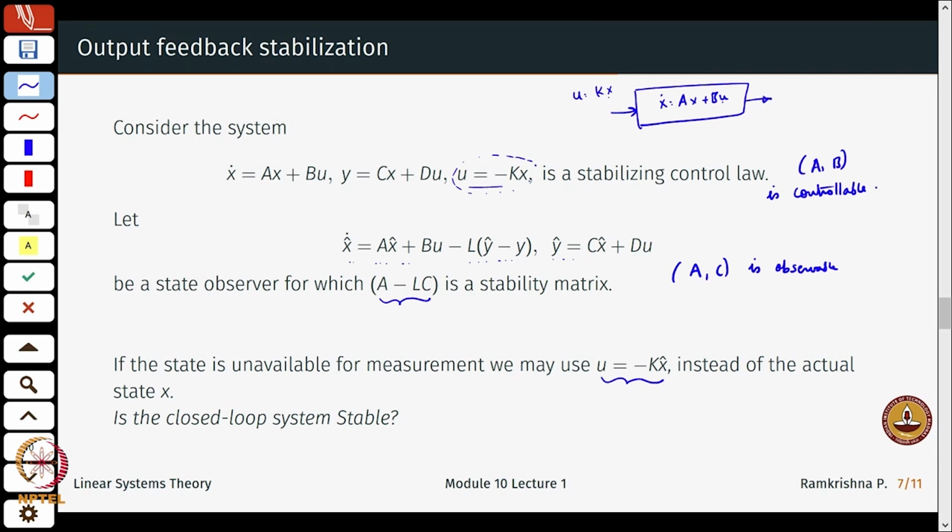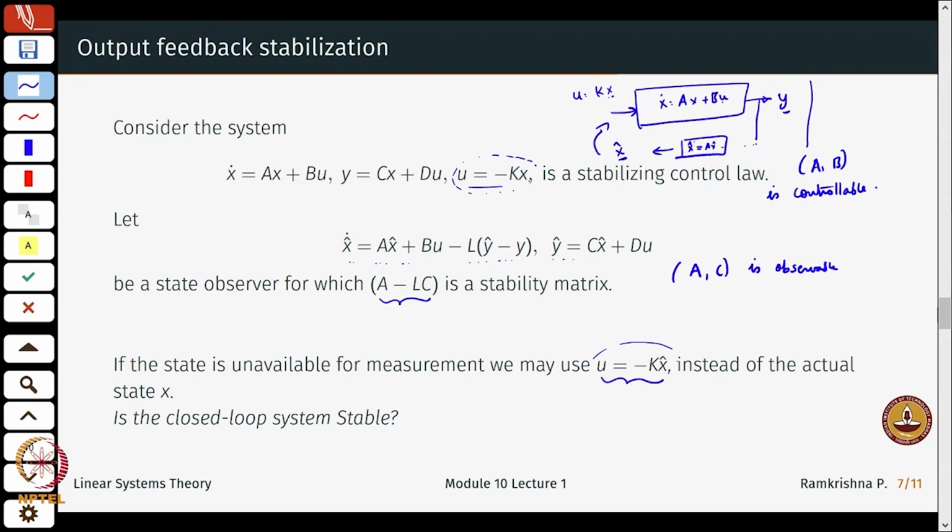All I have for measurement is some output y, and based on this can I construct an observer, with x hat dot is A x hat and so on, which will give me an estimate x hat, and this x hat can be fed back as my input. Okay, not a very good block diagram, but something to just visualize what is happening. I do not have x for measurement, but based on this y, I construct this x hat and then feed this back to the controller via this form.